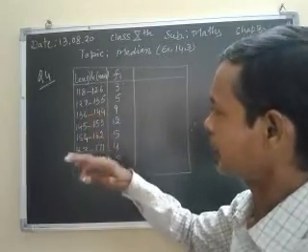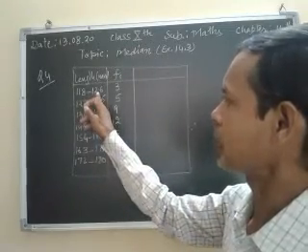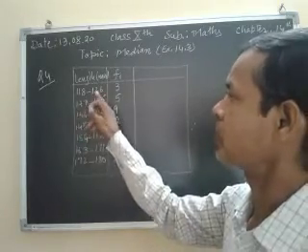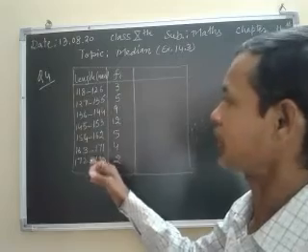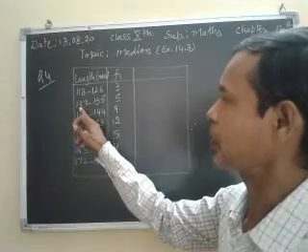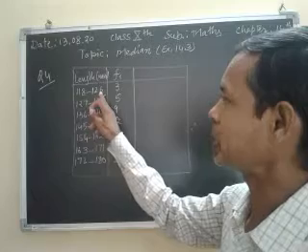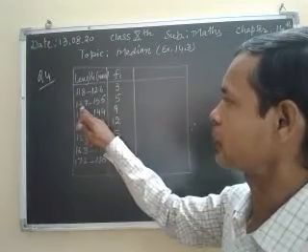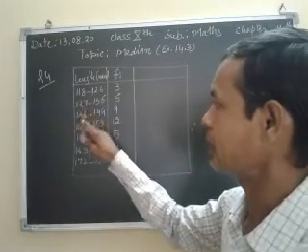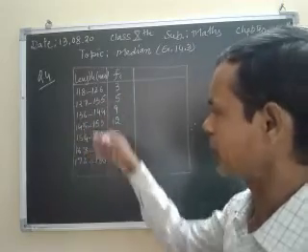But in the previous question, the upper limit of the first class and the lower limit of the second class were always the same. Here they are not the same, because the second class does not start with 126, or with 135, or 144. So there is a difference.